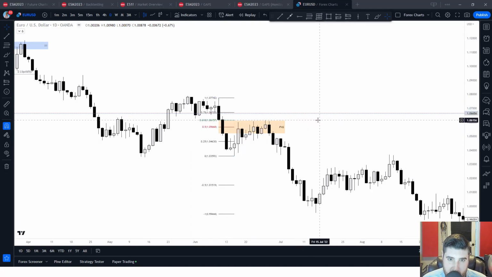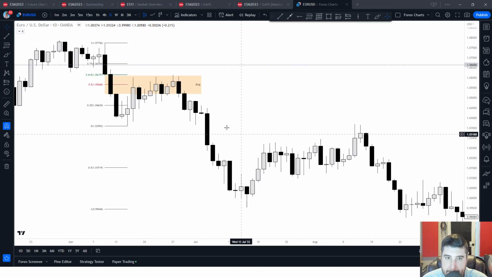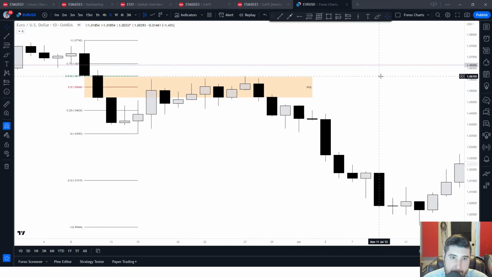So literally right where that wick went, we're at 106.15.7, and this one is 106.15.1. And I mean just under that.